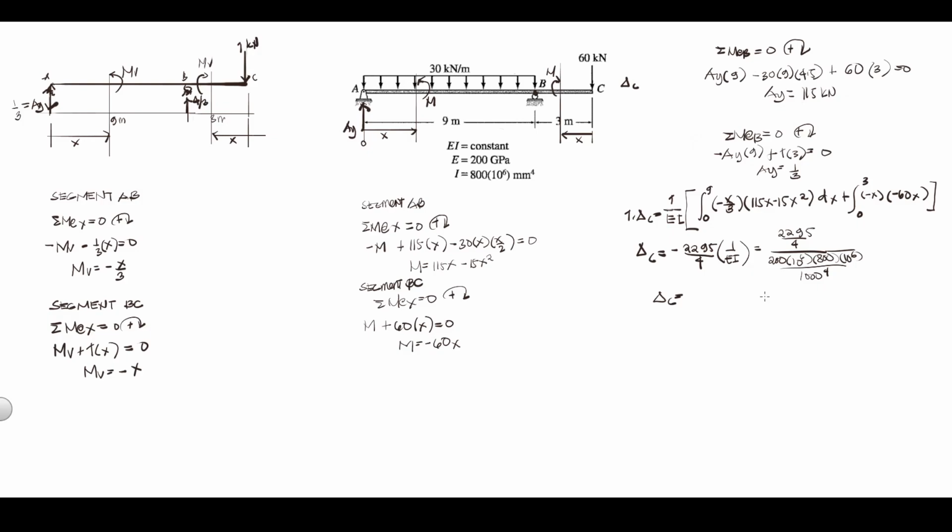So, negative to. Huwag niyang kalimutan yung sign. Negative ang magiging sagot natin. Negative 2295 all over 4 divided by 200 times 10 raised to 6 times 800 times 10 raised to 6, all over 1000 raised to 4.